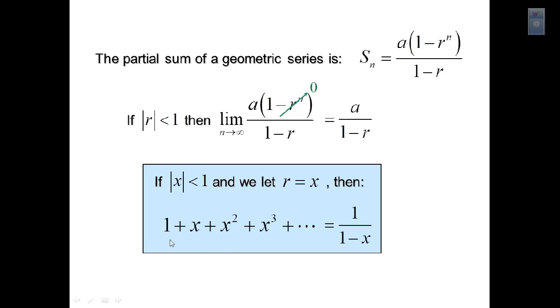But you need to remember that 1 plus x plus x squared plus x to the third plus x to the fourth plus x to the fifth plus x to the sixth is going to approach the value of 1 over 1 minus x for whatever value of x is, as long as x is less than 1.